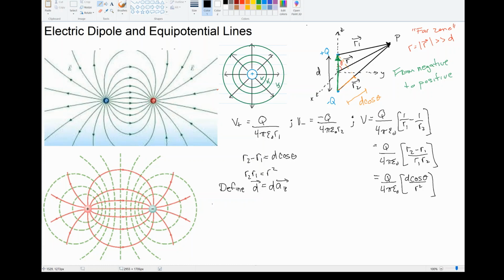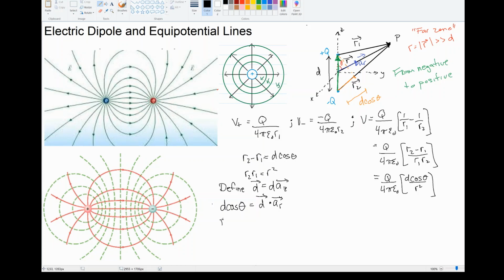Then we can see that d cosine of theta is vector d dotted with a unit vector in the r direction. So here's the r direction, here's AR. If I want the angle in between the dipole distance d and AR, theta, they're related by this, going to the definition of the dot product.